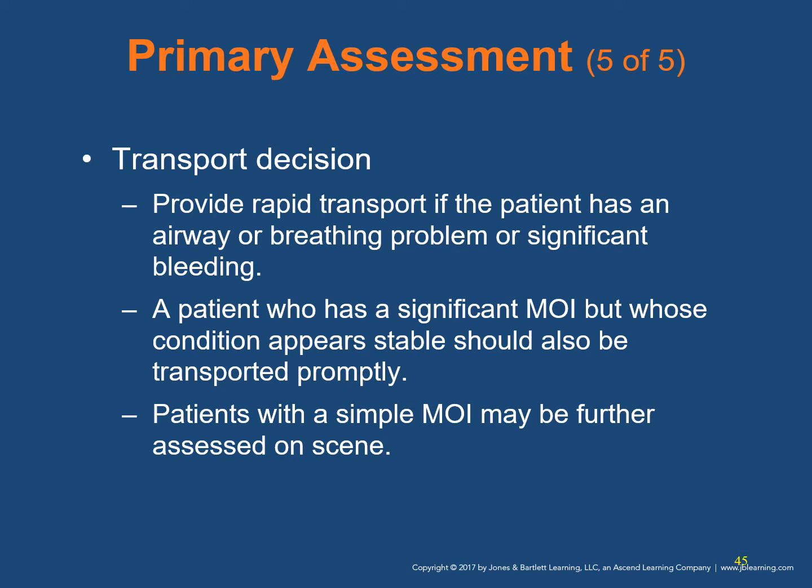Patients with a simple MOI may be further assessed and their condition stabilized on scene prior to transport if no other problems exist. Fractures can break through the skin and cause external bleeding. Carefully handling the extremity minimizes this risk. If external bleeding is present, bandage the extremity quickly to control bleeding.